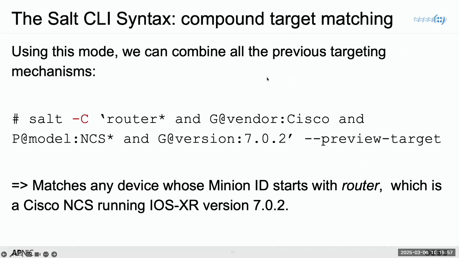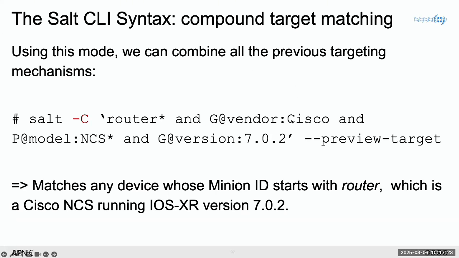Another is, if we want to have more than one criteria to target, in this case we want to combine the previous targets. So in this case we have the salt C, then the router, and we are specifying AND. So in that case we do not just want to execute based on the device, we want to check the vendor as well.